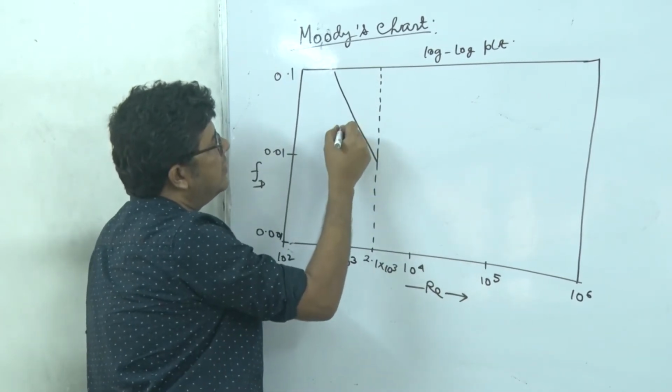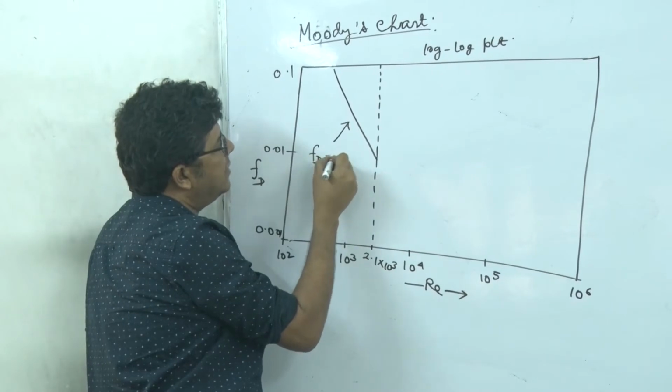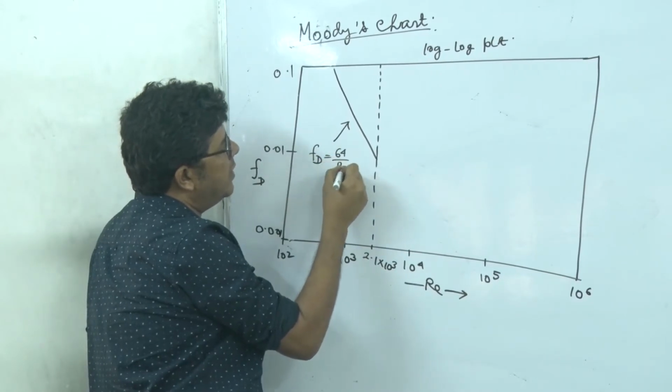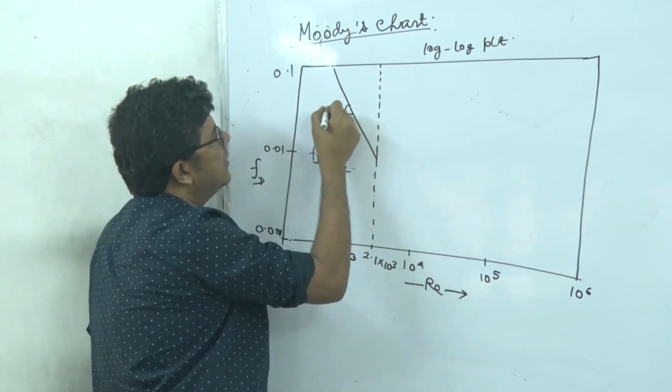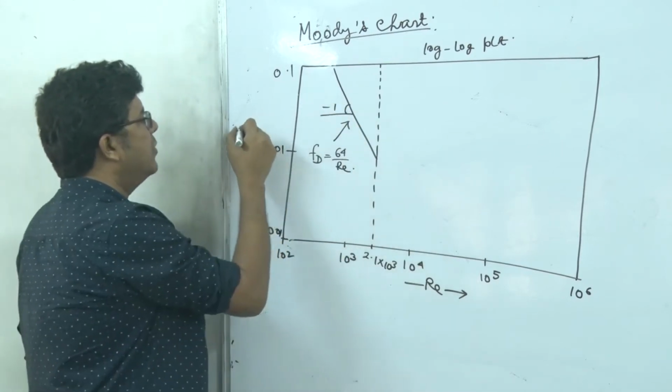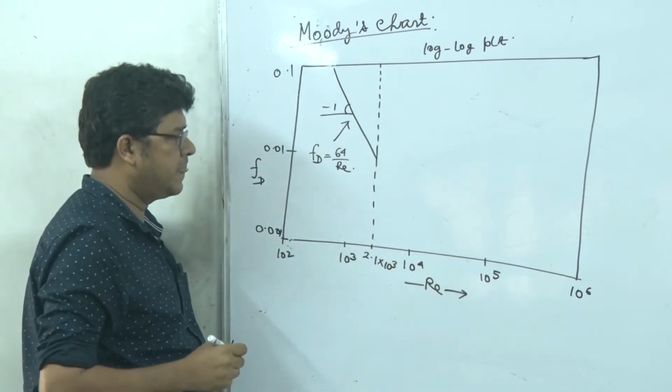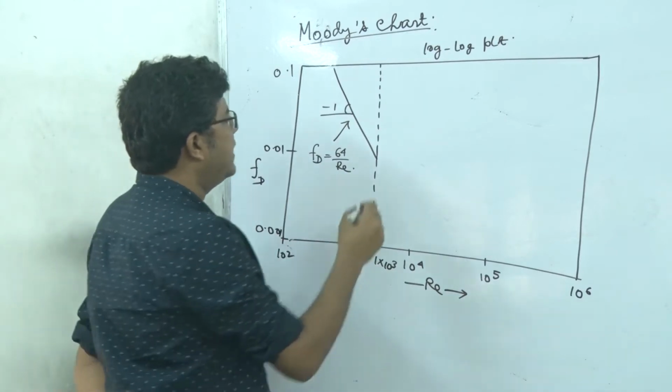Why? Because here Fd is equal to 64 by Re. So this is a straight line in log-log with a slope of -1.